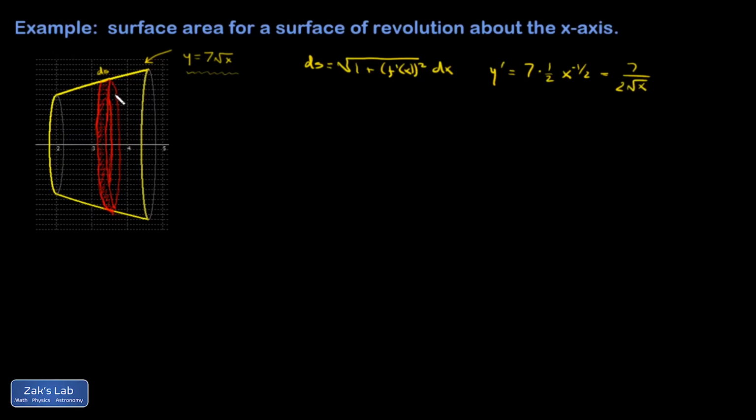The other part that I need on this ribbon is the radius. So this ribbon is located at some horizontal value of x. The y coordinate corresponding to that is 7 root x. So there's my radius. And then I'm going to slice and unroll this ribbon.